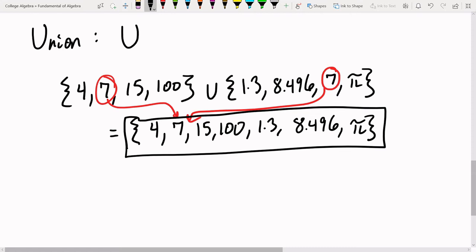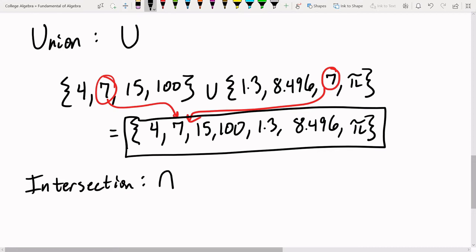The next type is called the intersection. And this is given the kind of n symbol for intersection. And what we're trying to do here is we're asking what is common in both of the sets and what is the only thing that's common.